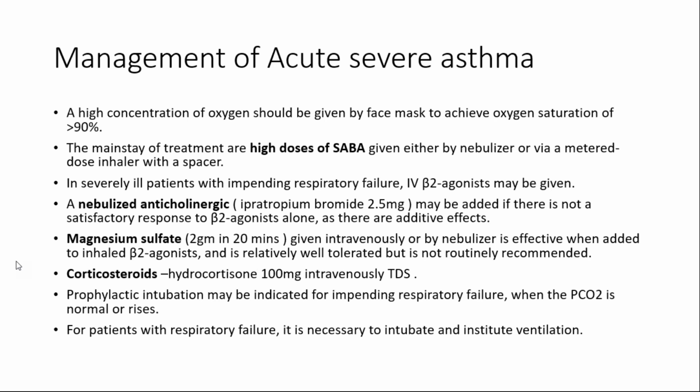Also, corticosteroids remain the mainstay. Whenever a patient has asthma or COPD, corticosteroids are the mainstay of our treatment. 100 milligrams of hydrocortisone is given, or 120 milligrams of methylprednisolone can also be given.